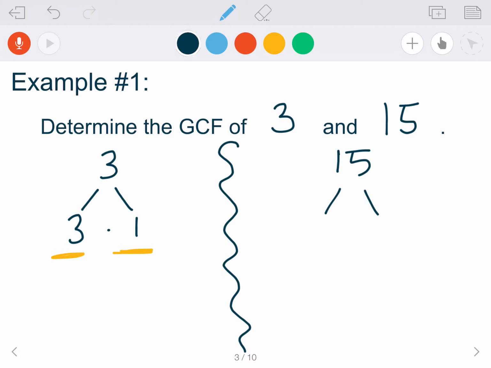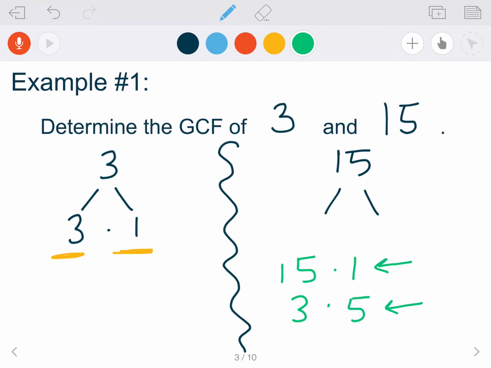What numbers can we multiply to give us 15? I can think of 15 times 1, or 1 times 15, and I can think of 3 times 5, or 5 times 3. Which one of these two groups will probably help us a little bit more in this case?